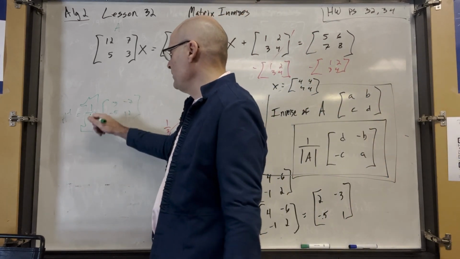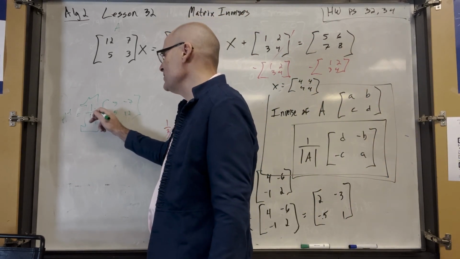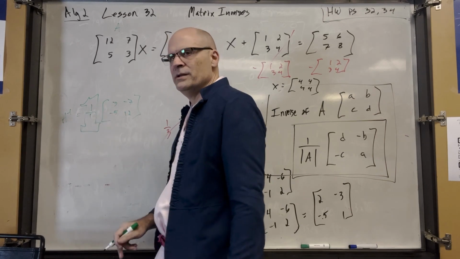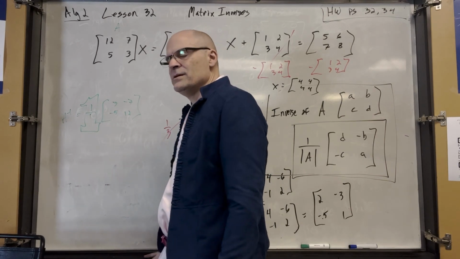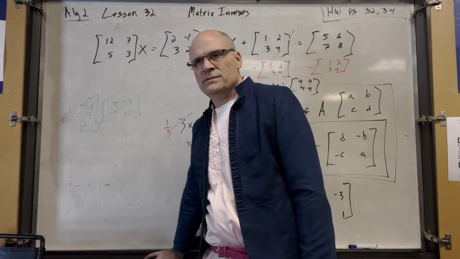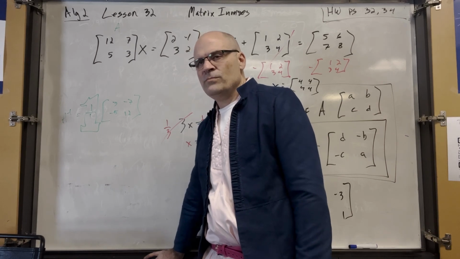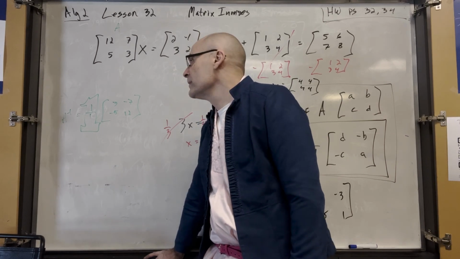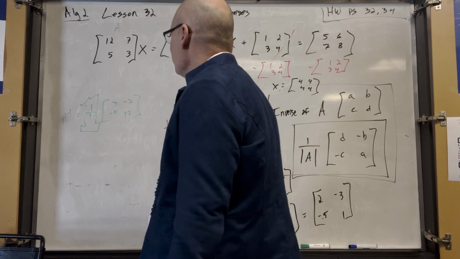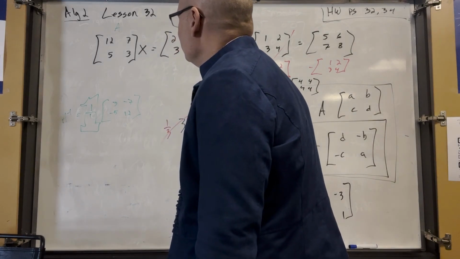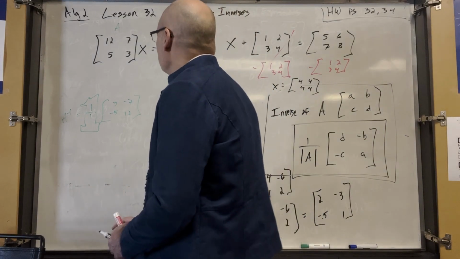It's never 0 on top because it's 1 over the determinant. But if the determinant is 0, then there is no inverse, okay? There's no multiplicative inverse. Well, then you'd say no solution. But, all right, let's move on.